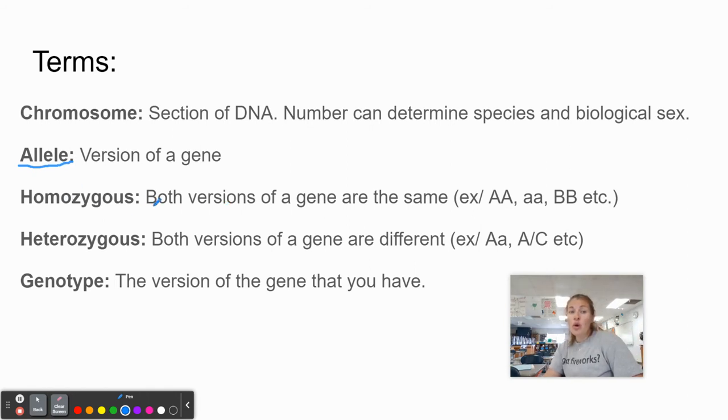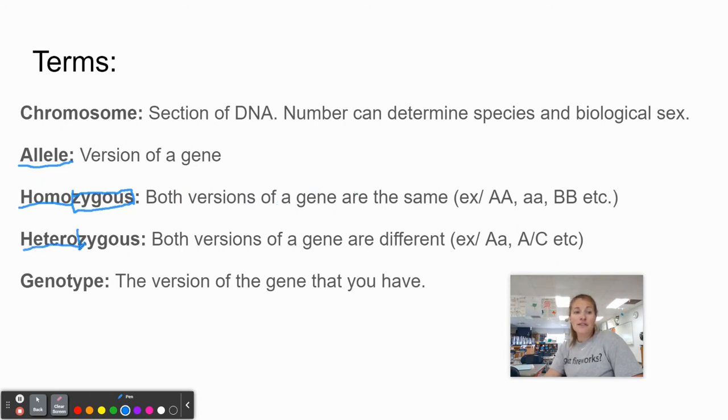If you are homozygous, that means that both versions you got were the same. So you've probably seen it marked as big A, little a, big B, etc. That root word homo means same, and this word zygous actually means egg. So that means that you are same-egged. So you got the same one from each parent.